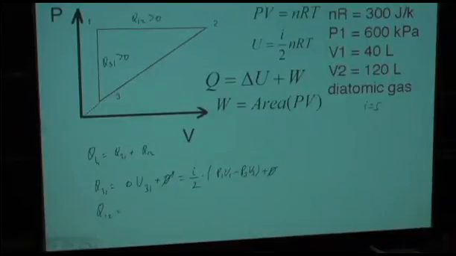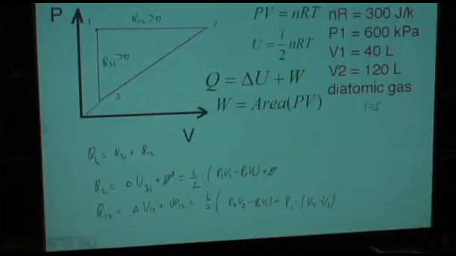Q12 equals delta U12 plus work 12, equals I over 2 times P2 V2 minus P1 V1, plus the work. Constant pressure means P1 times V2 minus V1. And we know this, and we know this.